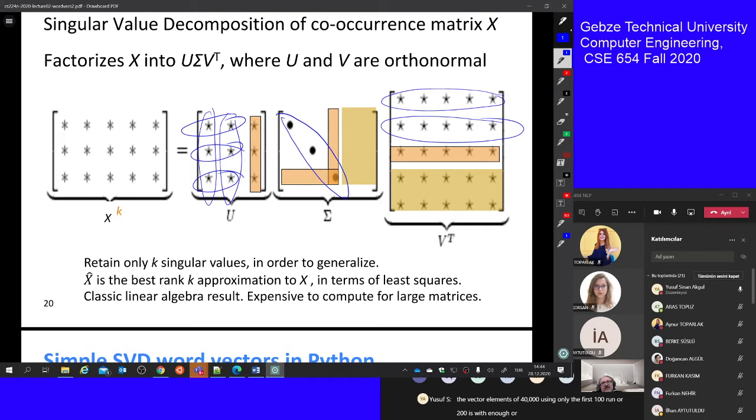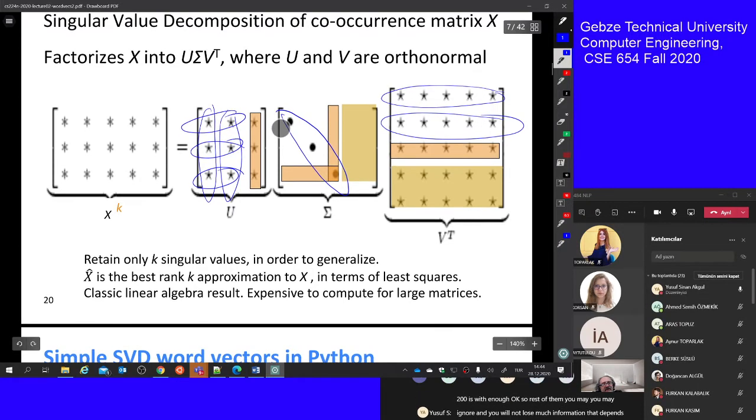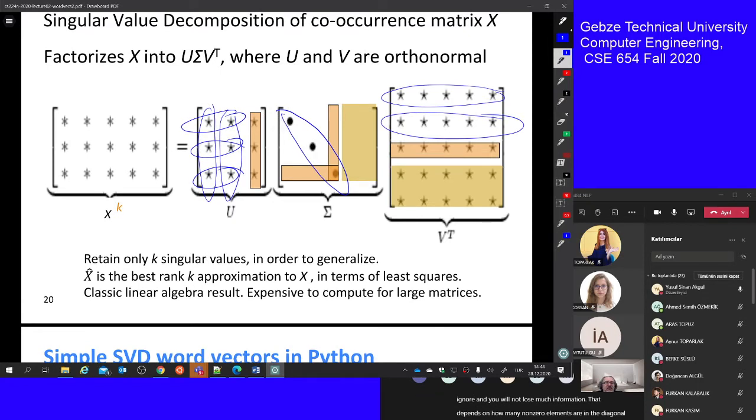The rest of them you may ignore and you will not lose much information. That depends on how many non-zero elements are in the diagonal, and how far they are from 0. If they are close to 0, then you may ignore the corresponding vector, sorry, corresponding dimensionality.